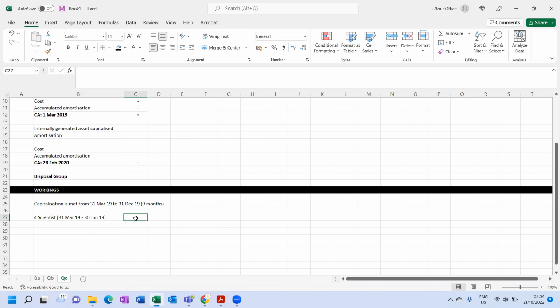So we have 4 scientists multiplied by how many months? We don't count March, we count from April. So it's April, May, June: 3 months, times a cost of 48,000 Rand. So it is equal to 4 scientists for 3 months in the development phase multiplied by 48,000 Rand.